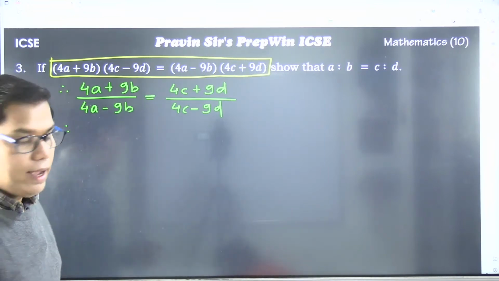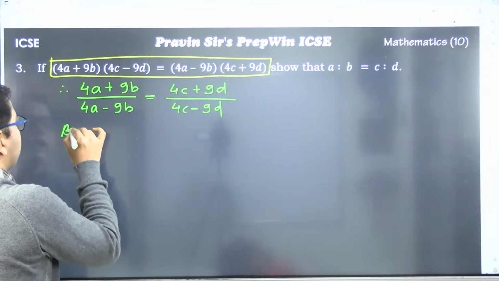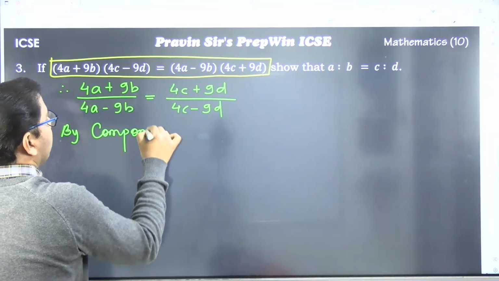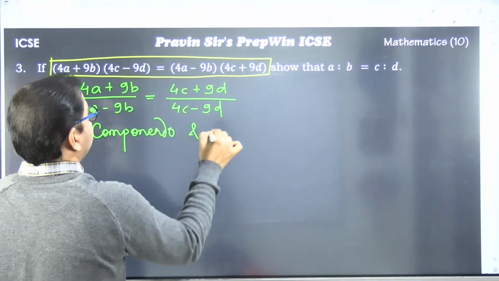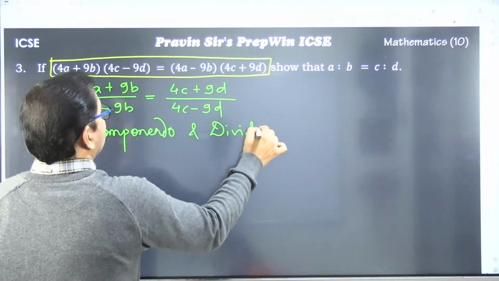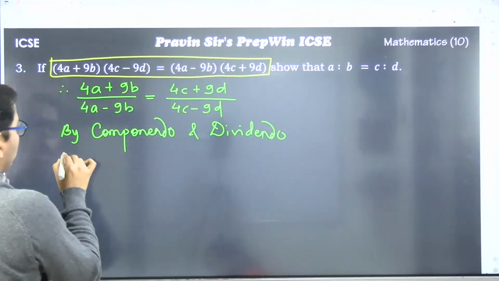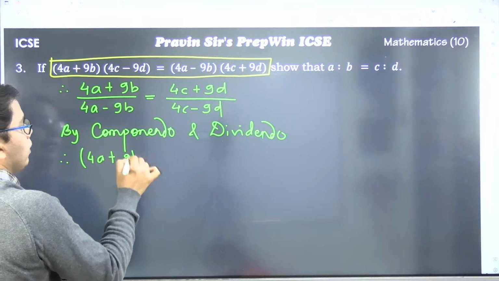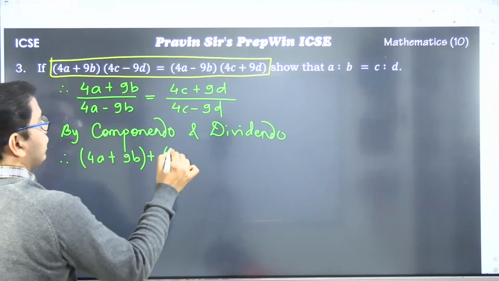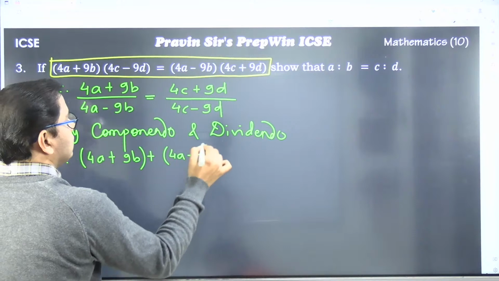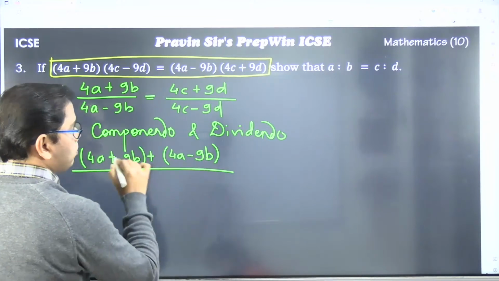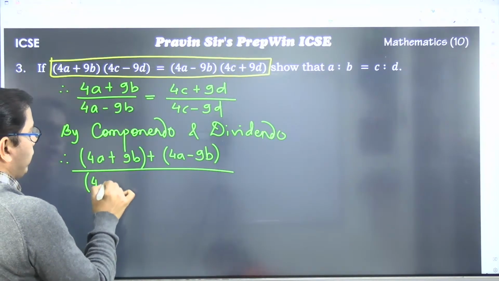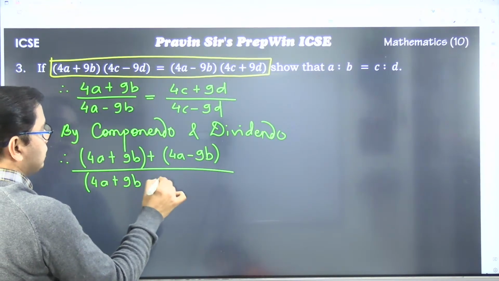You already know what we have to do next: by componendo and dividendo. What do you get? Numerator plus denominator upon numerator minus denominator: (4a + 9b + 4a - 9b) upon (4a + 9b - (4a - 9b)), which is (a + b) upon (a - b).